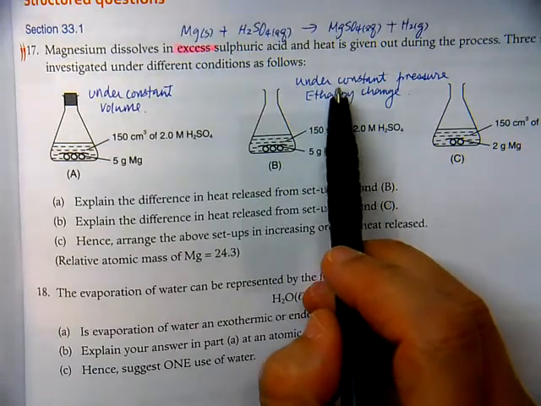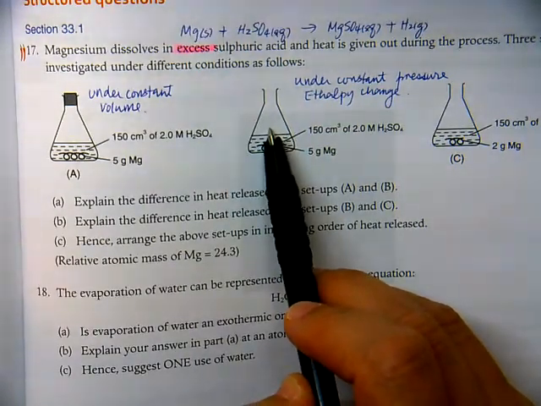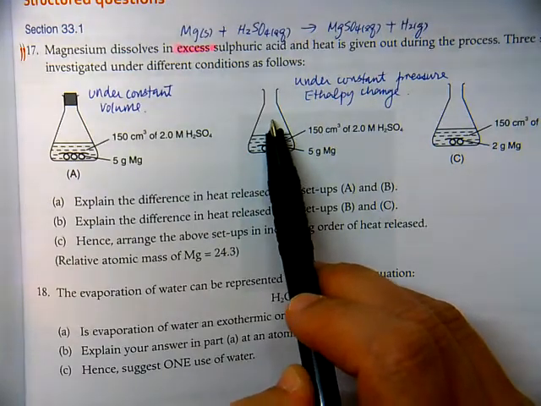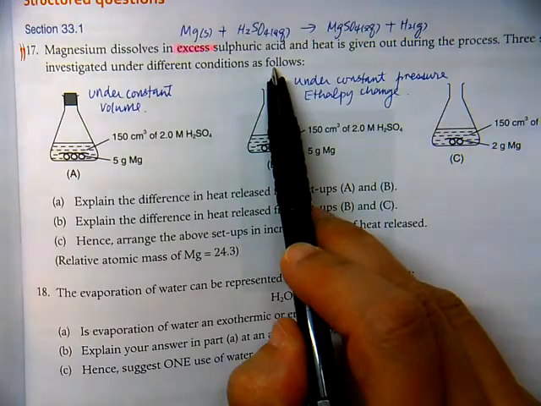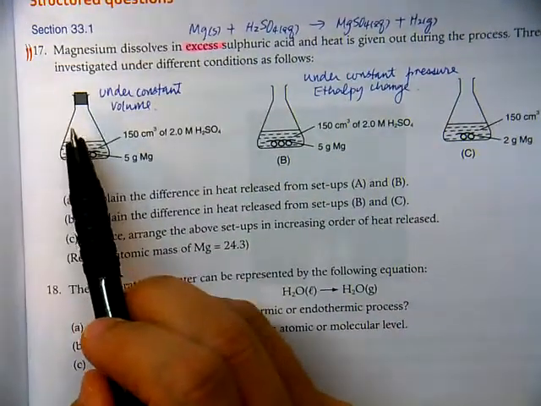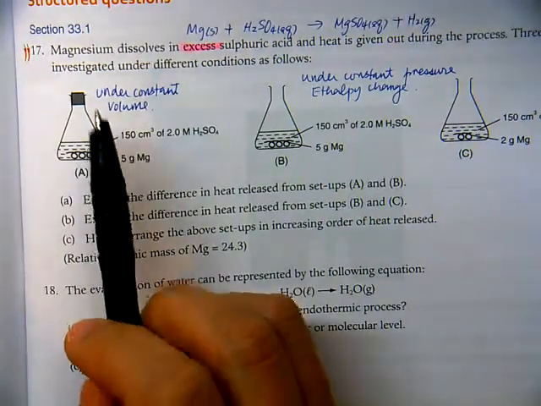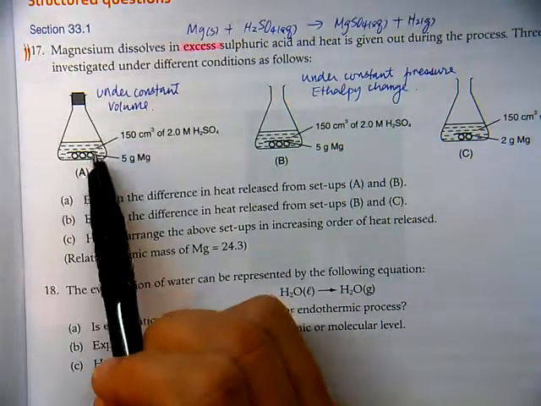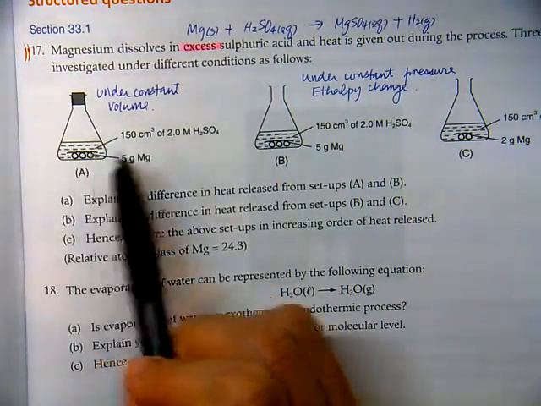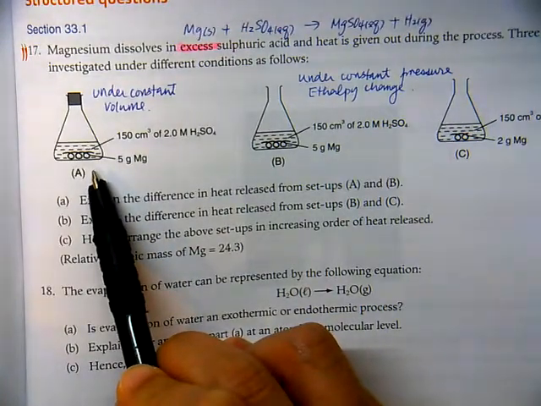In order to maintain constant pressure, part of the energy is consumed to do work on the surrounding. It is not the case in setup A. All the energy released is transferred to heat. So, setup A releases more heat.